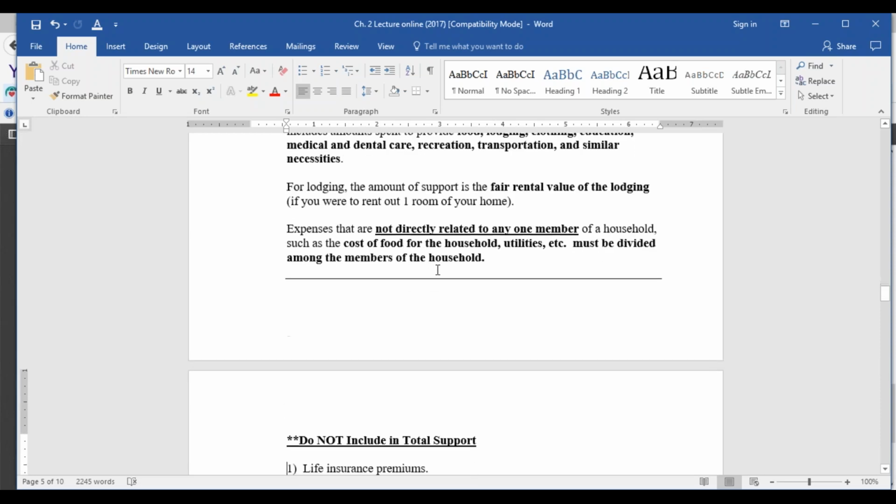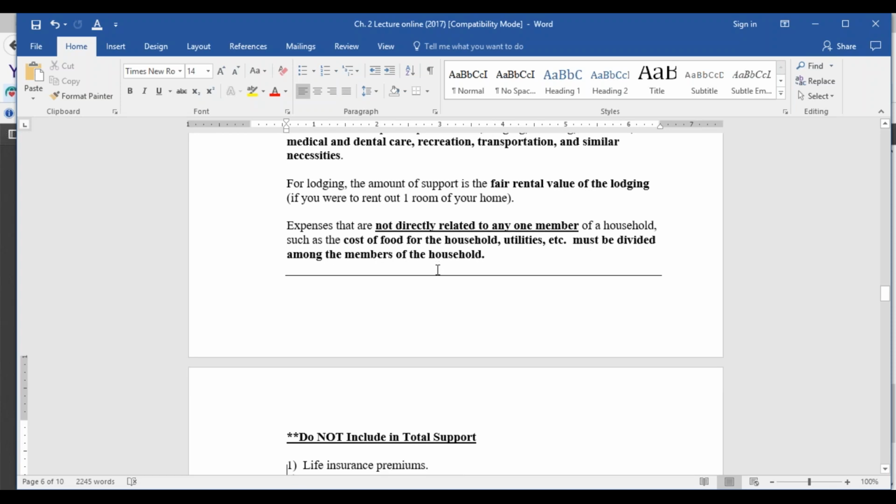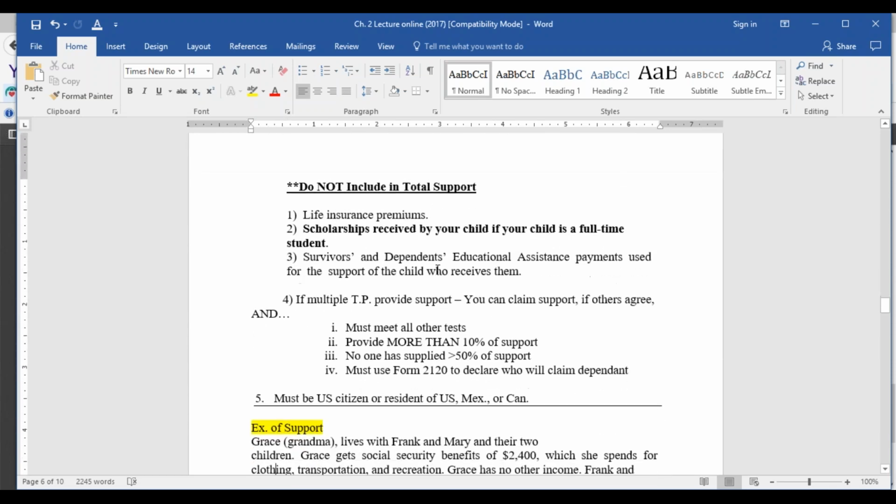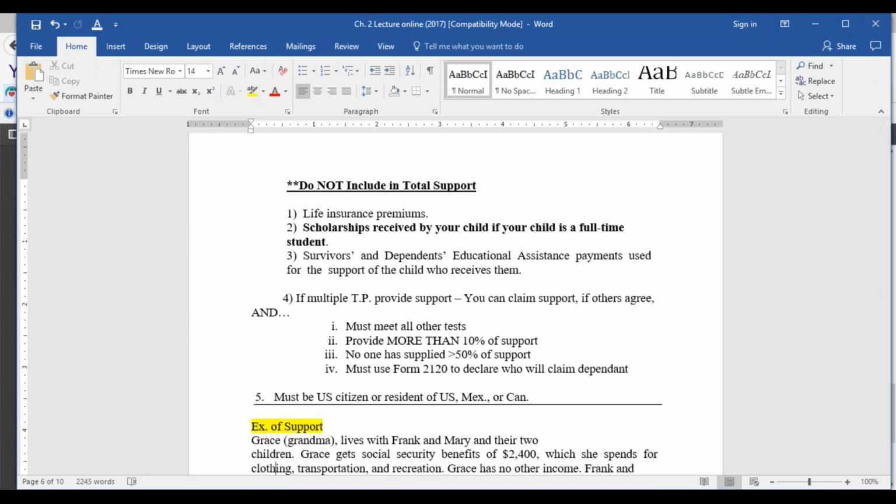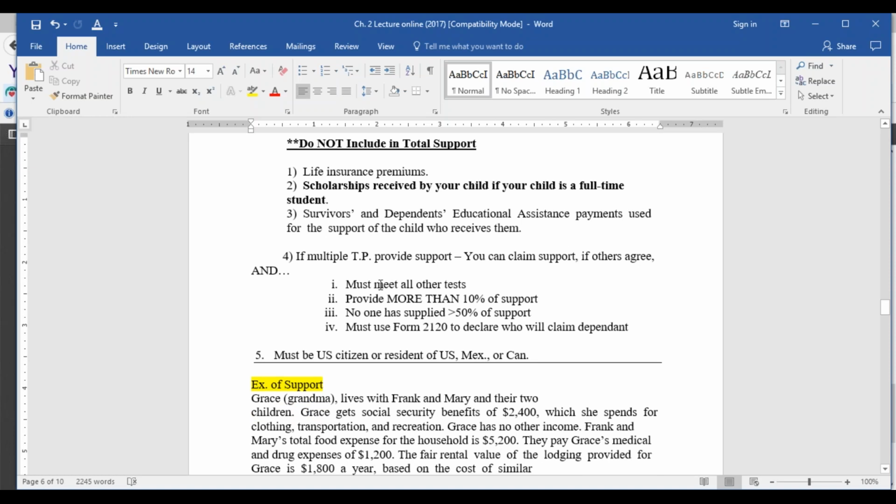Lots of things go into that. And then here are just a few items to not include in their total support: scholarships received by your child if your child is a full-time student. That does not go towards that child providing their own support.